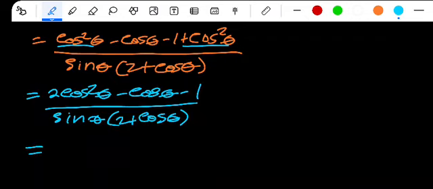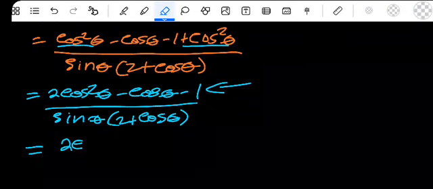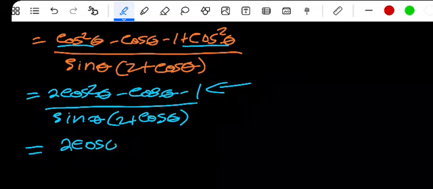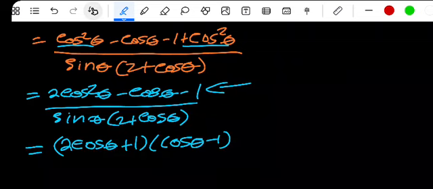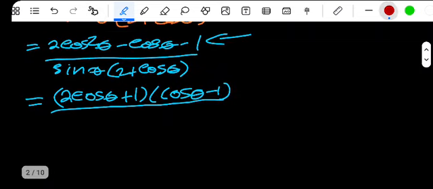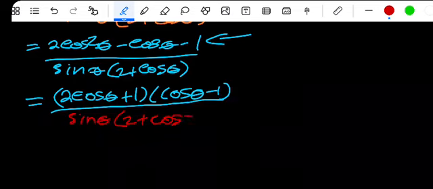This is a quadratic, so let's just factor it: 2 cos theta plus 1, into cos theta minus 1, all divided by sine theta into 2 plus cos theta.